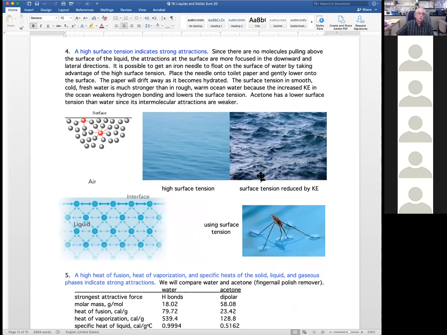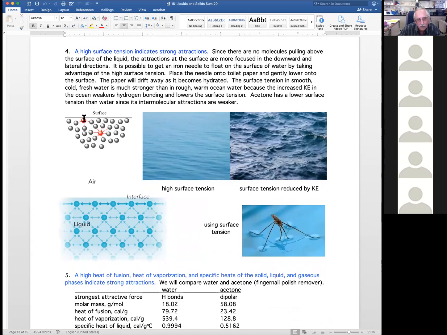Then if you have strong attractions, the liquid will also have high surface tension. So this is a pretty good depiction over here. Say this is water because that's the easiest for it to think about. So this molecule down here is being pulled in all these different directions by the hydrogen bonding from the other water molecules.